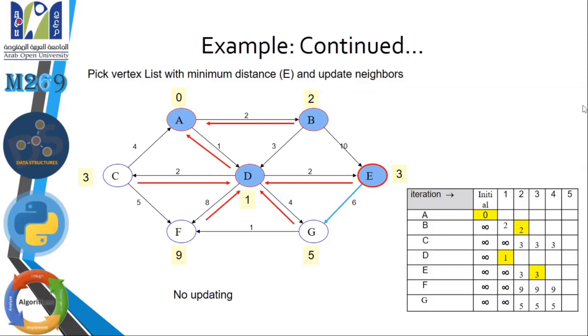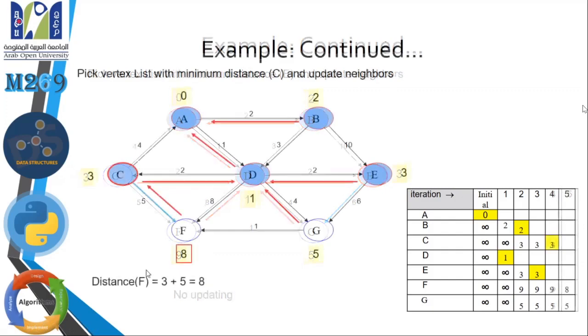Yes. 3 plus 5 is 8. So it has to be updated. And already we did it from D, 1 plus 8, 9. Updated. So here we are talking about this 5. So it will be updated. 3 plus 5. So now that is shorter.